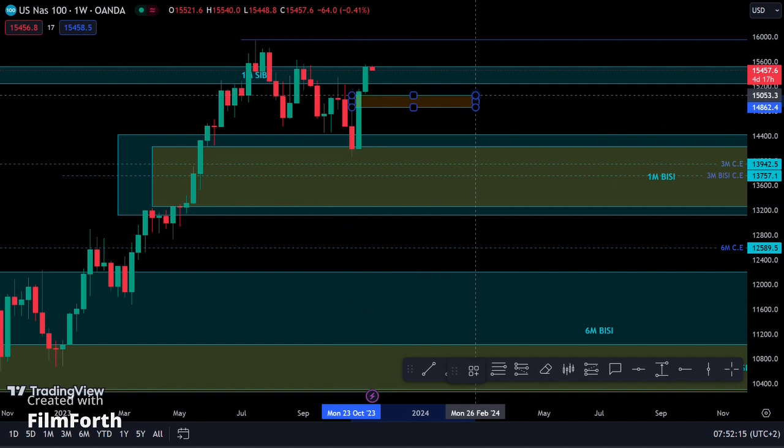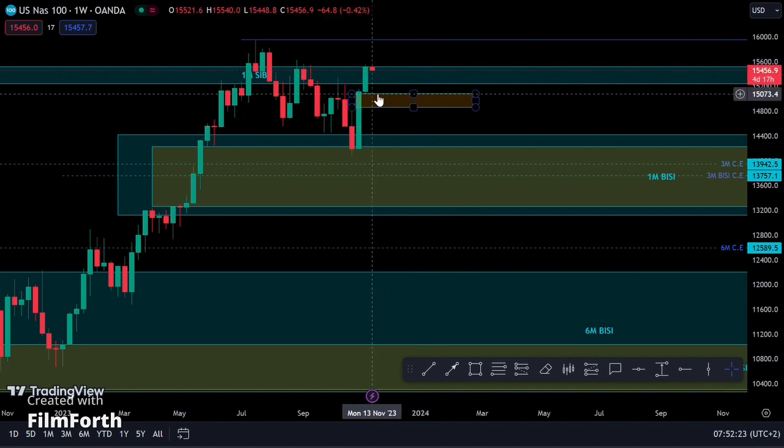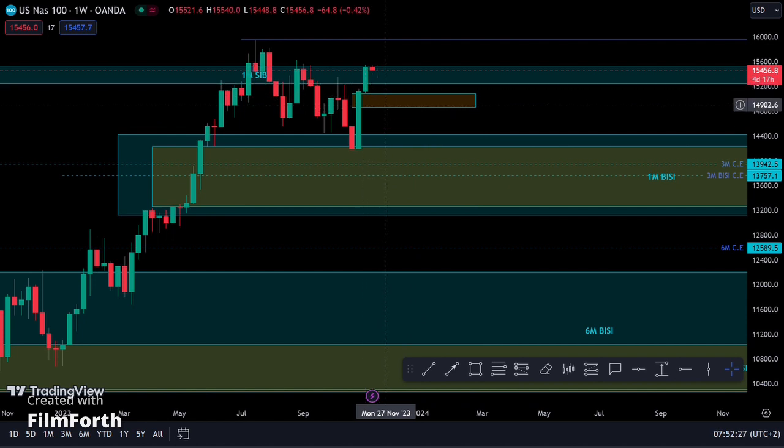Knowing the market, if it wants to initially use this area as a buy area, let me not confuse you. Let me say this. You see this area here, right? If we come back, bounce into it and use it as a buy area, just know that there are going to be higher prices.